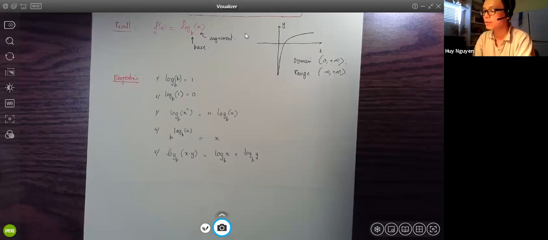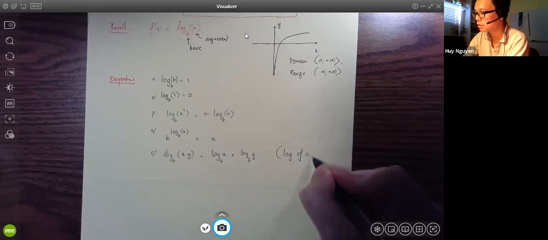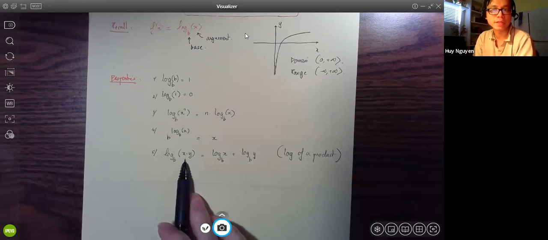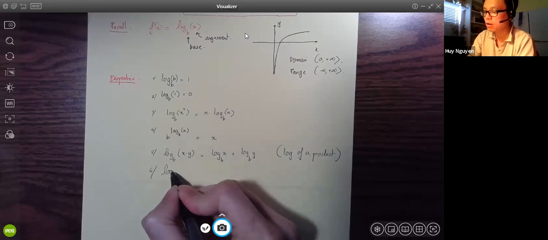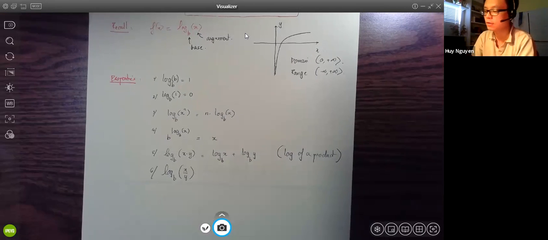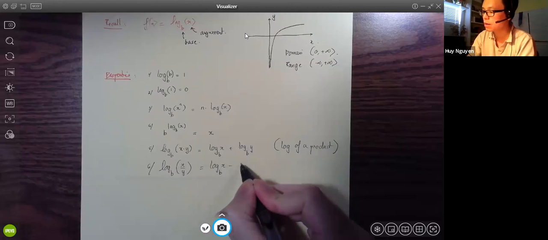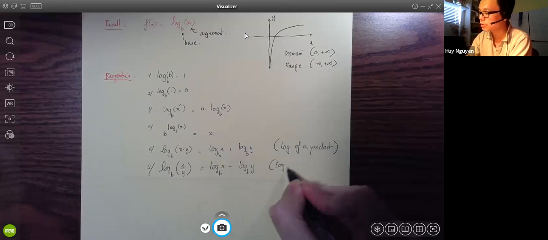So this formula is called log of a product, because x and y is multiplication. That's why we call it log of a product. And number 6, we have log of a quotient. Log base b of x over y becomes log base b of x minus log base b of y. This is called log of a quotient.